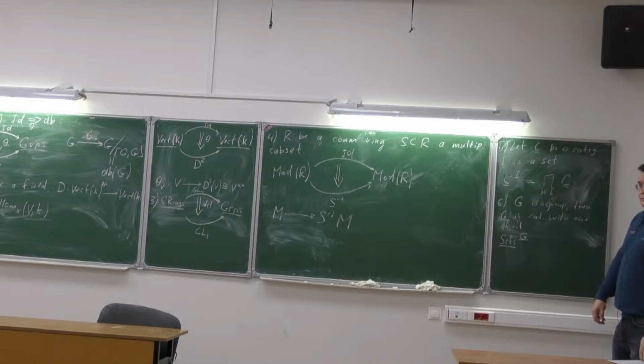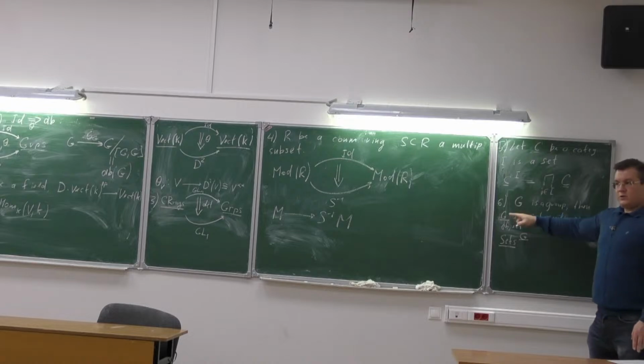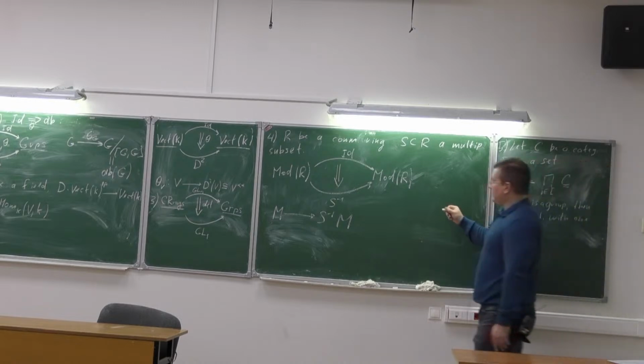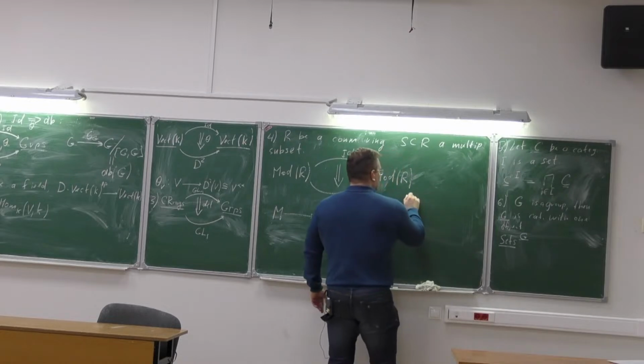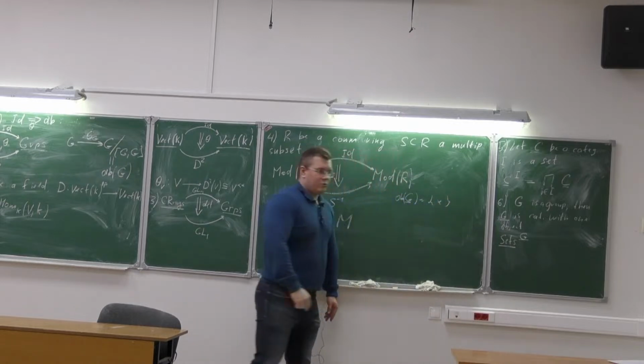Let me repeat what is written in this point 6. I'm saying that I have G, which is a group. Then I can interpret a group as a category with one object, with the additional property that every arrow in this category is invertible. I have this one object, in the category G underlined, some element that I'm going to call star.